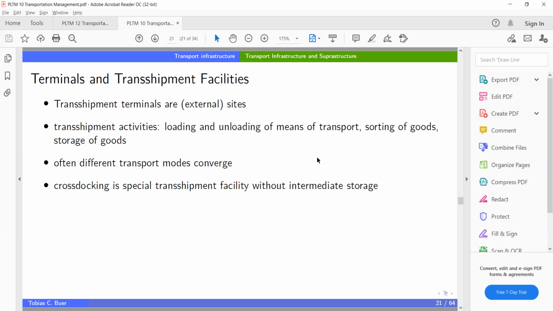Then again, the port is a transshipment facility, and we do not change the mode of transportation. And these transshipment facilities are, of course, very important logistics facilities because they are crucial for the performance of overall logistics systems. The airport is another very important example of a terminal and transshipment facility.